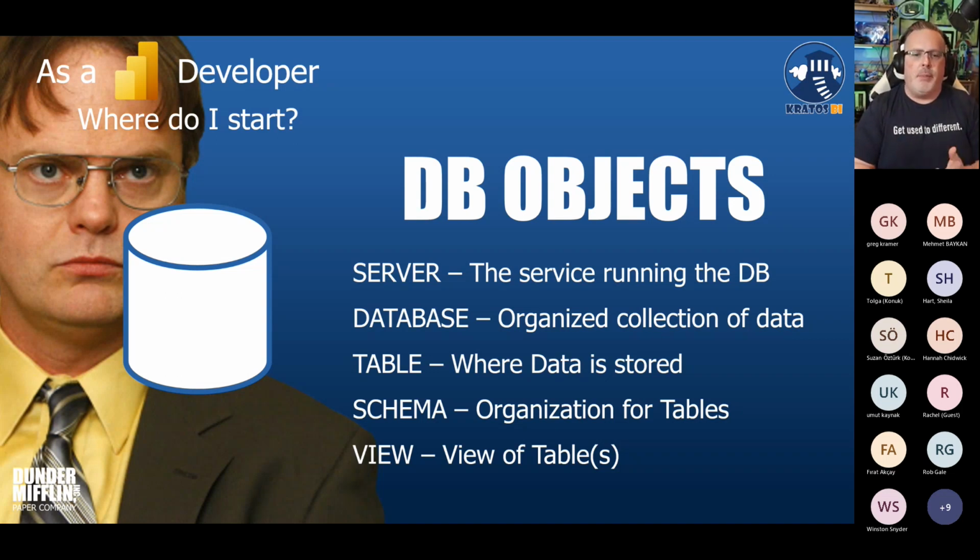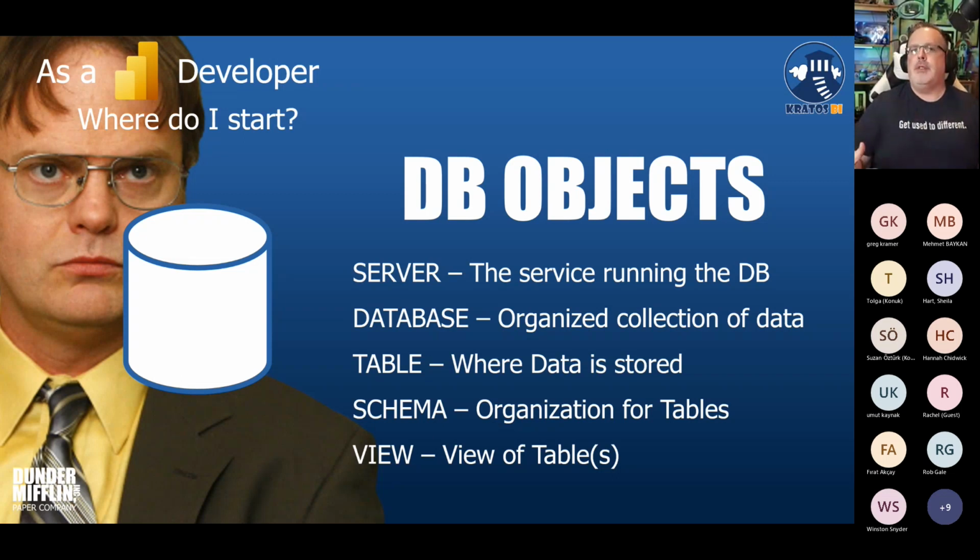And then within the database, there are all sorts of objects that are going to help you access and consume information. The most basic items that we're going to be talking about are tables, where the data is stored. So think of a table like an Excel spreadsheet. That's all that it is. A schema helps you organize the tables into different groupings and clusters.